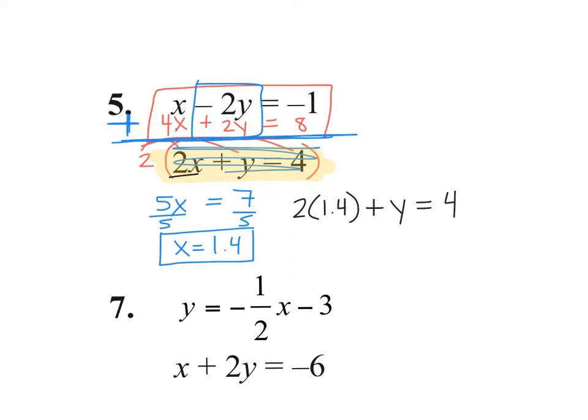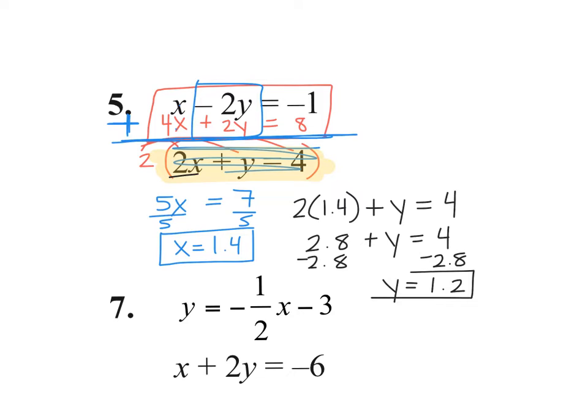Okay, so we're going to double 1.4. So we get 2.8 plus y equals 4. And then we're going to take away the 2.8. And we get y equals 1.2. Okay, so my answer is the point 1.4, comma 1.2.